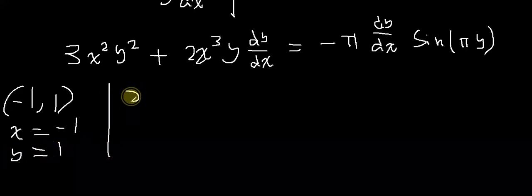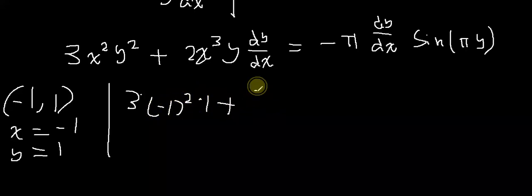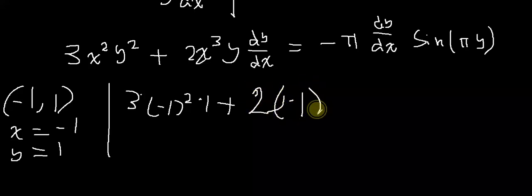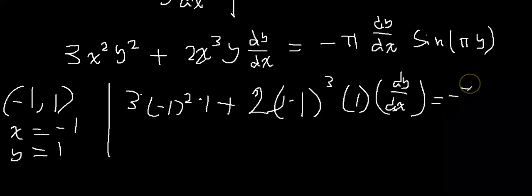So now we can write 3 times minus 1 squared times 1 plus 2 times minus 1 to the power of 3 times 1 times dy/dx is equal to minus pi dy/dx times sine of pi times y, which would just be sine pi.